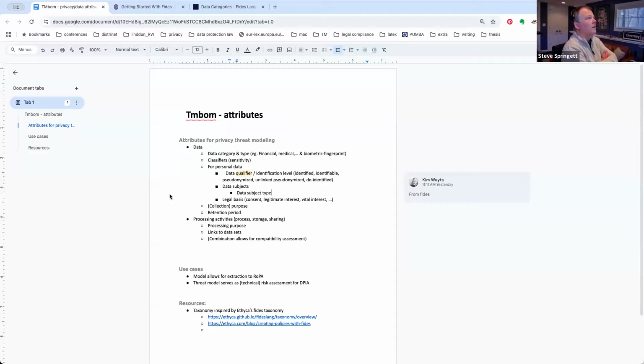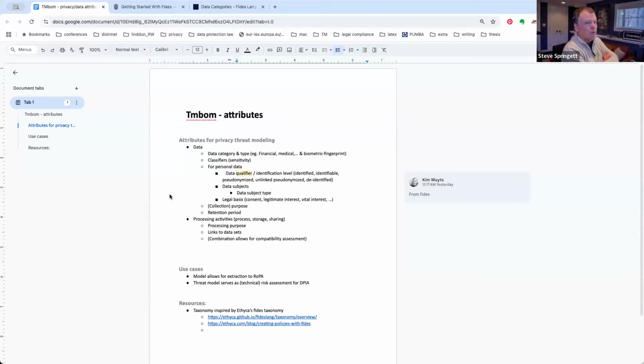I'm thinking out loud here, but when it comes to processing activities, whether it's a computer process, like software, or a human process, a business process, I know the context here is software. However, in a general sense, if data is being processed, theoretically we could link that to the part of the threat model that actually does that process.